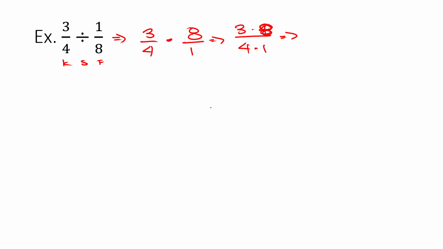You can do 2, but 4 is better. So 8 divided by 4 is 2, and 4 divided by 4 is 1. So just multiply across. 3 times 2 is 6, and 1 times 1 is 1. So your answer is 6 over 1, or 6.